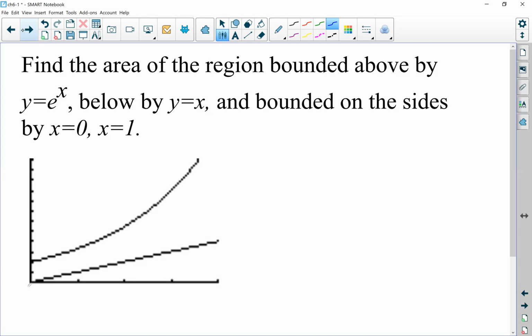So we could have a function like this. Find the area of the region bounded above by y equals e to the x, below by y equals x, and bounded on the sides by x equals 0 and x equals 1.